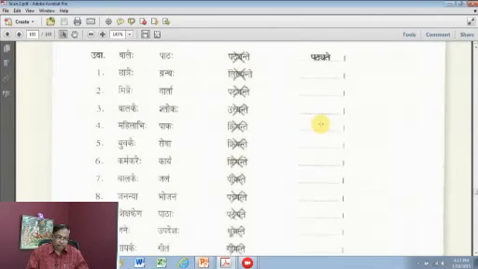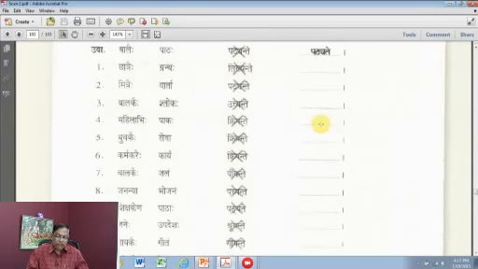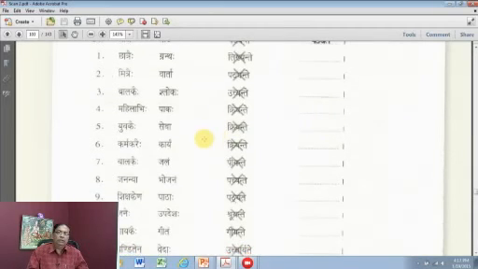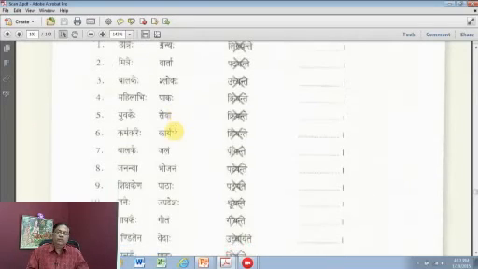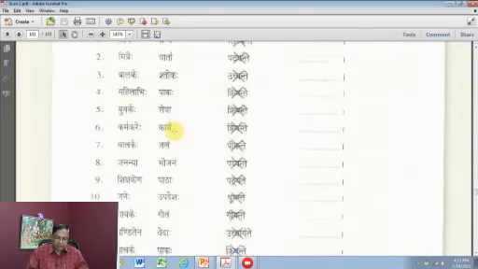Mahilabhihi pakah kriyate. Pakah means cooking is done by women. 5. Yuvakaihi seva kriyate, service is done by the young fellows, young chaps.